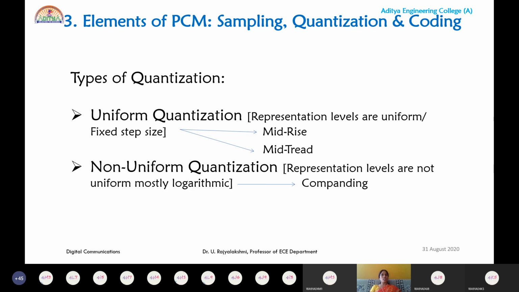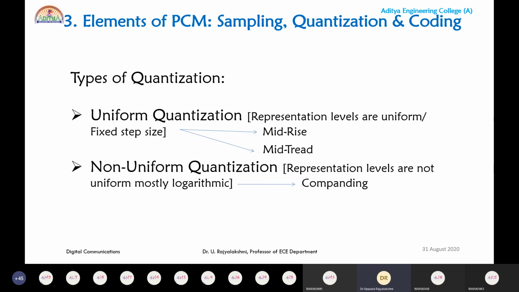For lower input levels, the step size is low. For higher input levels, the step size is high. Based on the input magnitude, the step size will depend. So what is the best example for non-uniform quantization? Compounding, a combination of compression and expanding.